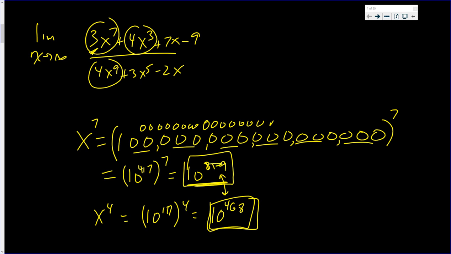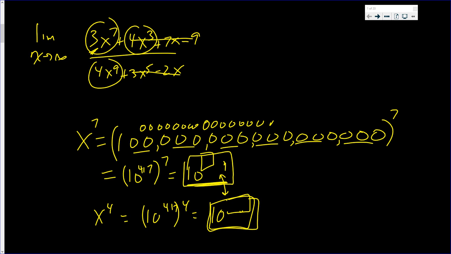And whatever that power turns out to be, and whatever this power in the bottom turns out to be when you multiply it by 4, this power in the numerator is going to be so much bigger than that power in the denominator. Okay, so these terms really don't matter.